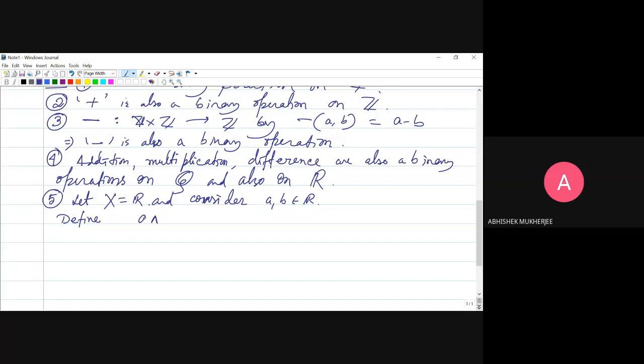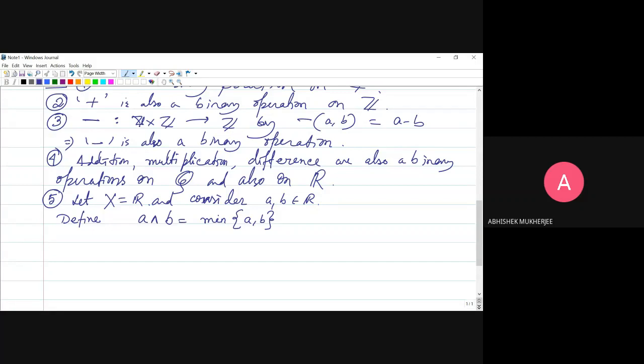So A cap B means the minimum of A and B. As you all know, in R you have an ordering, which makes R into an ordered set.